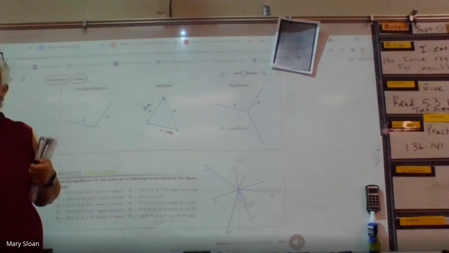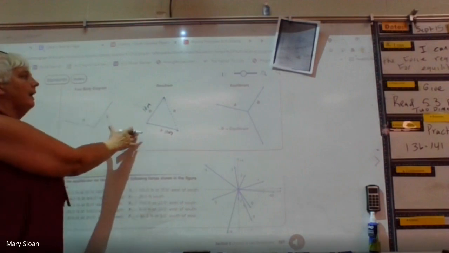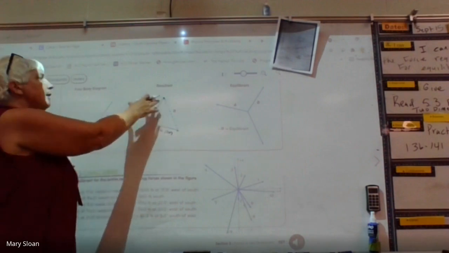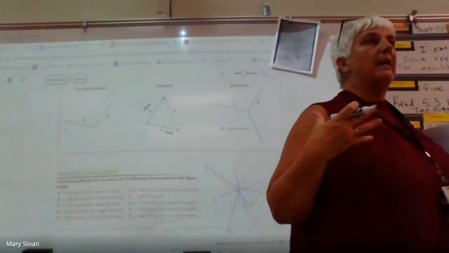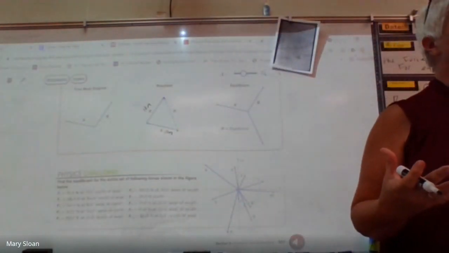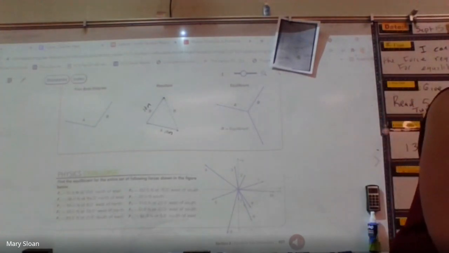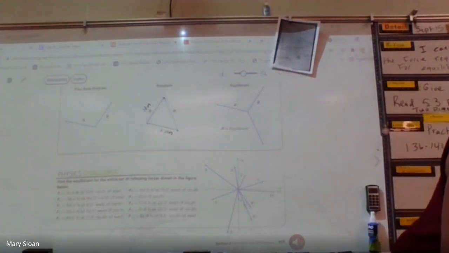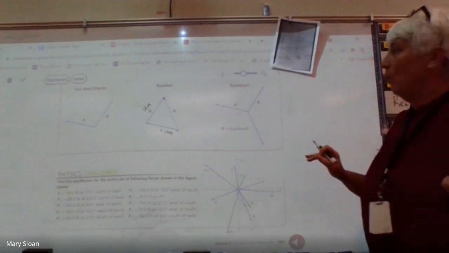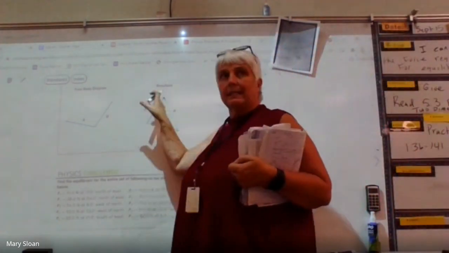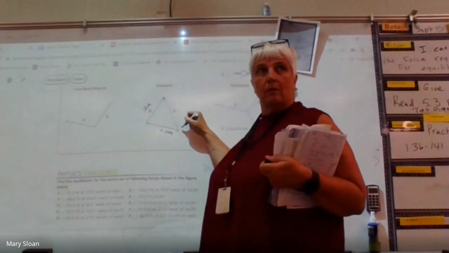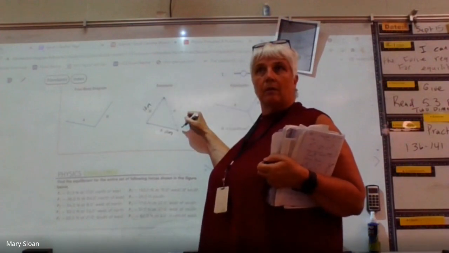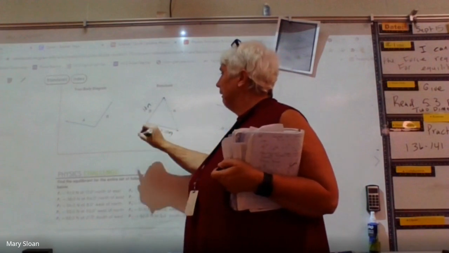I said you just walk 10 meters that way and you turn 10 meters that way. What am I asking you if I say it's 20 meters? The total what? The total distance, right? Now, what is the difference between distance and this number here? This is distance.